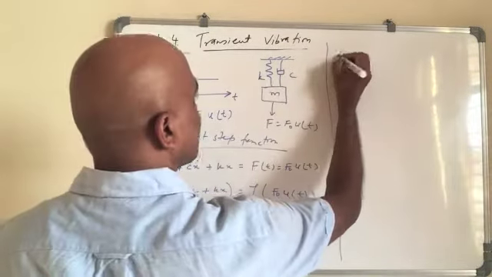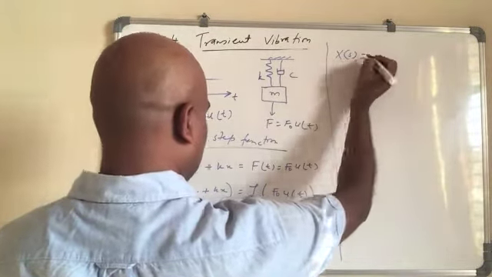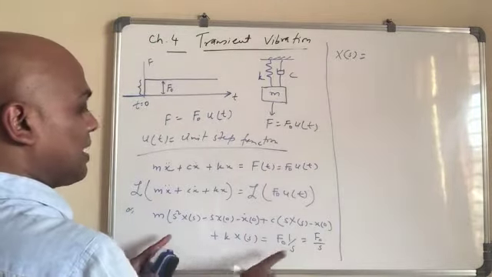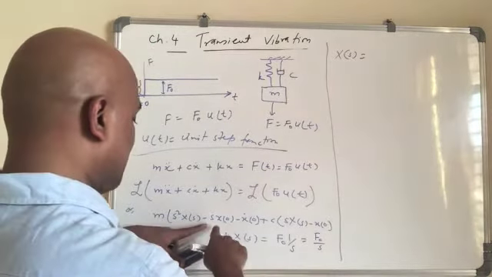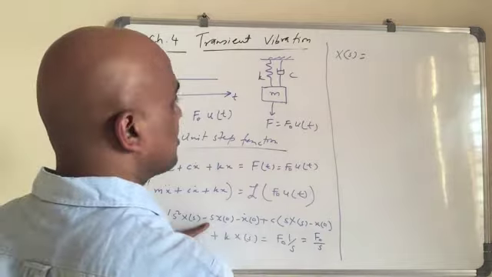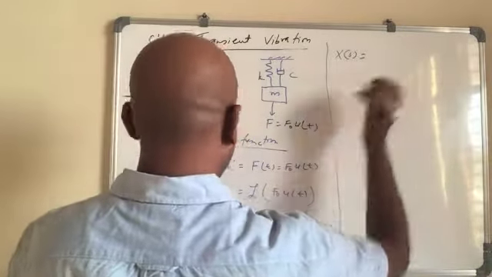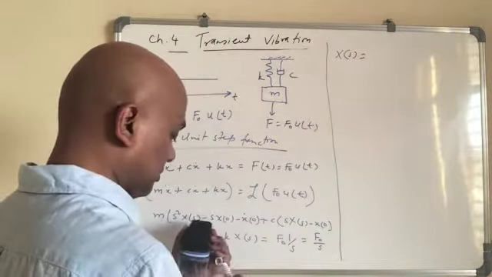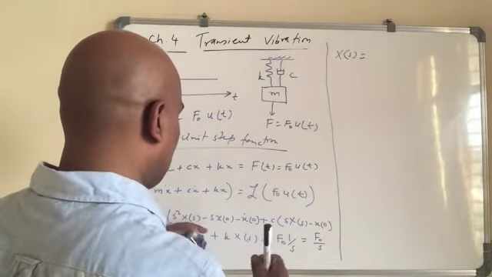We get X(s) equal to, let me write directly, since the same thing is going to appear again and again. So what do we get?